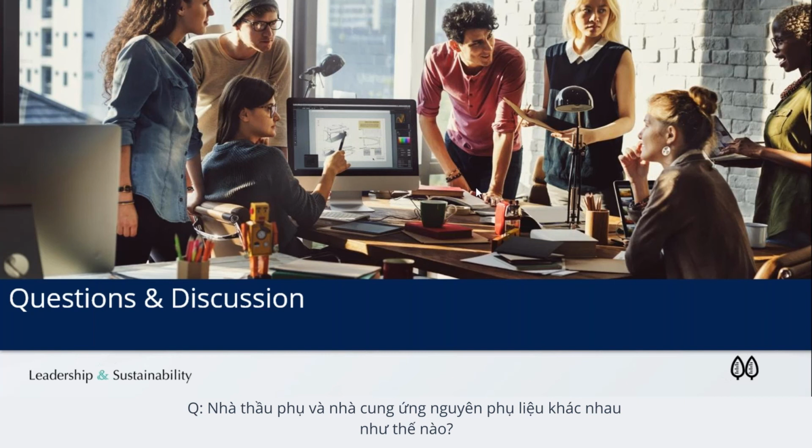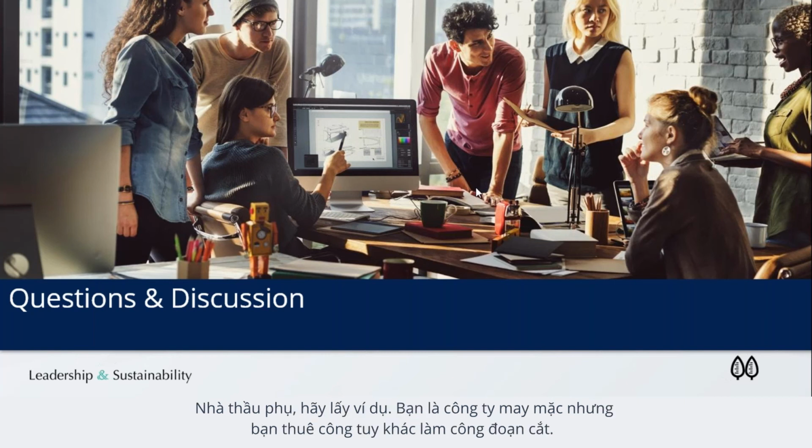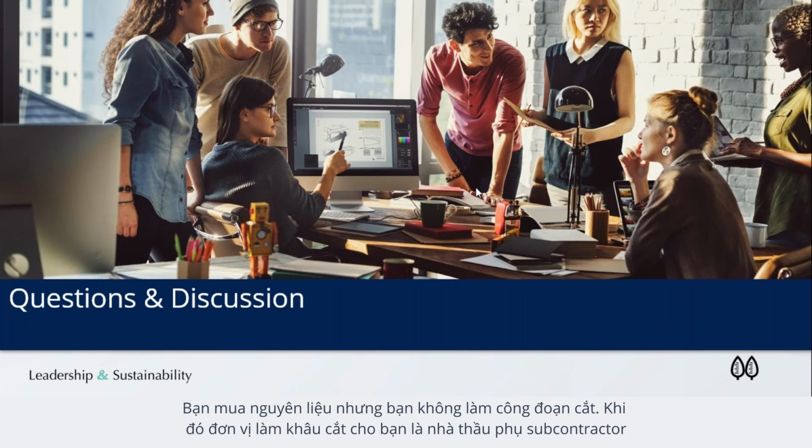Yes. So a subcontractor is, for example, let's say that you have someone externally who is doing cutting for you. You are a garment factory, but you don't do the cutting yourself. You buy the fabrics, but you don't do the cutting. So perhaps you give that away to an external facility who does that for you. That would then be a subcontractor.